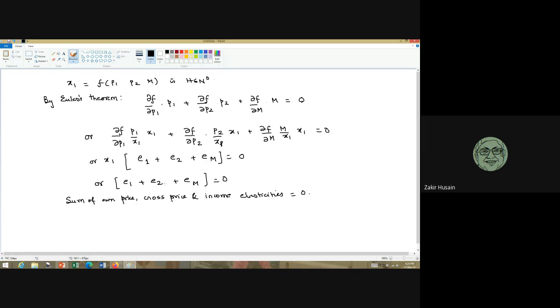Suppose I tell you the value of E2 and EM. Can you find out E1? Suppose E2 is 2 and EM is 3. What is the value of E1? It is -5.